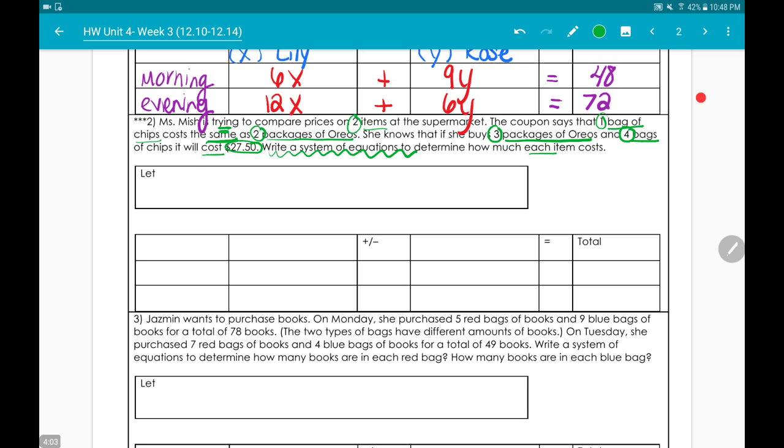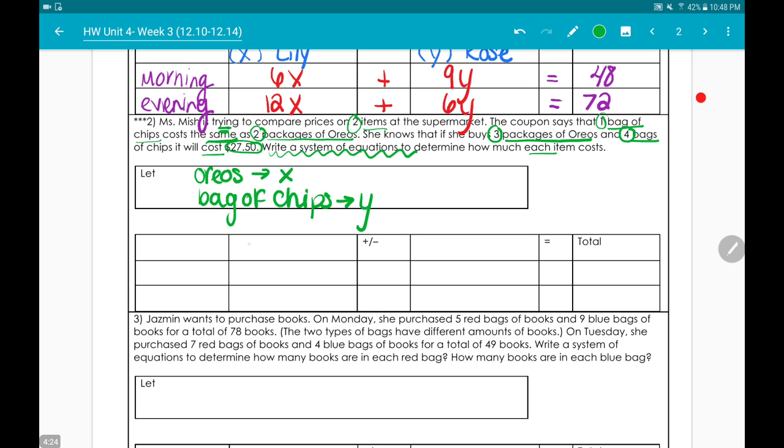So what are the 2 items we're talking about? We're talking about Oreos and a bag of chips. So I'm going to use X for my Oreos and Y for my bags of chips.